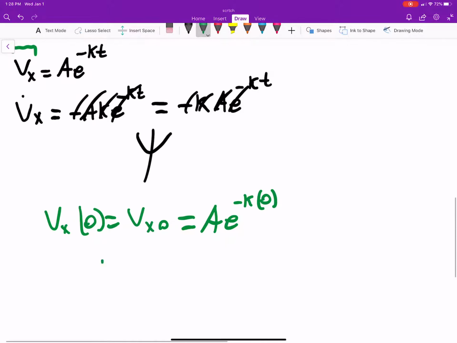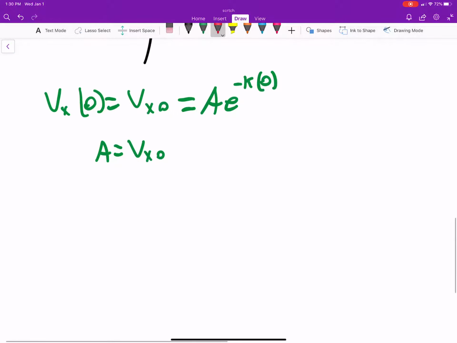So we find that a, this constant, is just our initial velocity in the x direction. So putting it all together, vx is vx naught e to the minus kt.